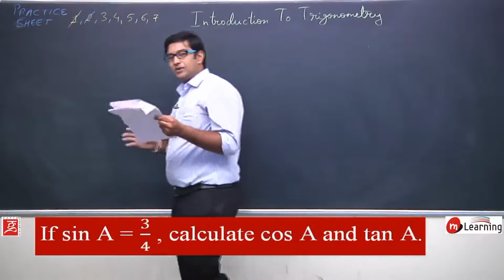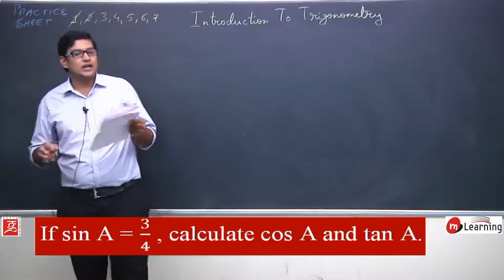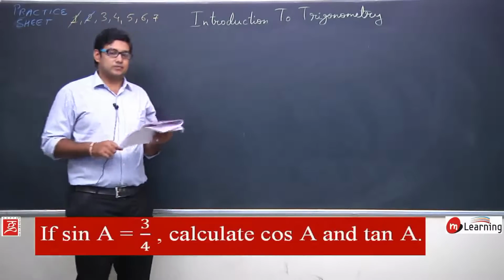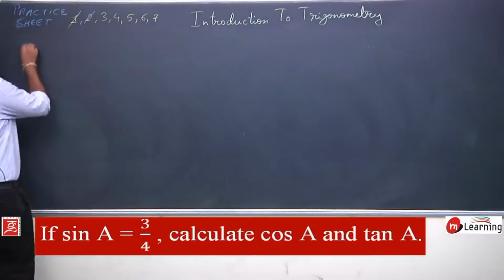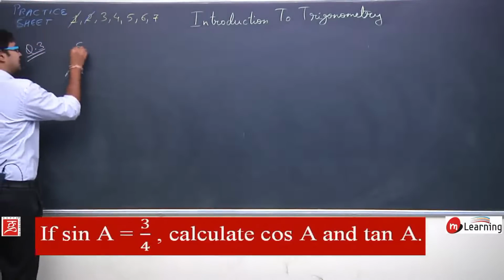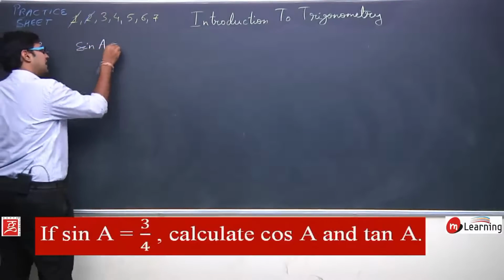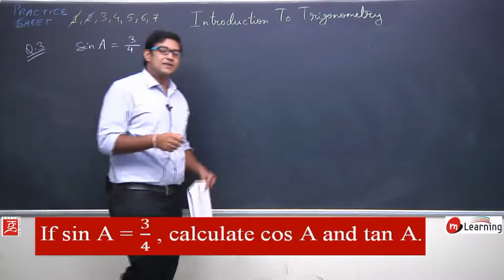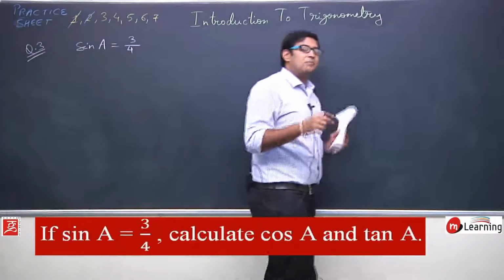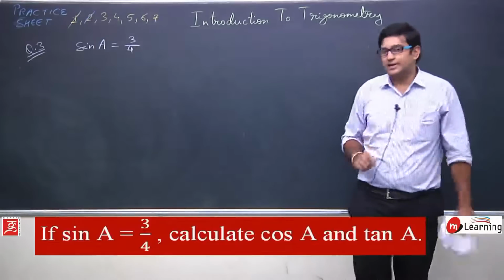So you need to calculate the cos of angle A. So what does this mean? I can see the question says that sine of angle A is 3 upon 4. Now as I said, in trigonometry you must make a right angle triangle.